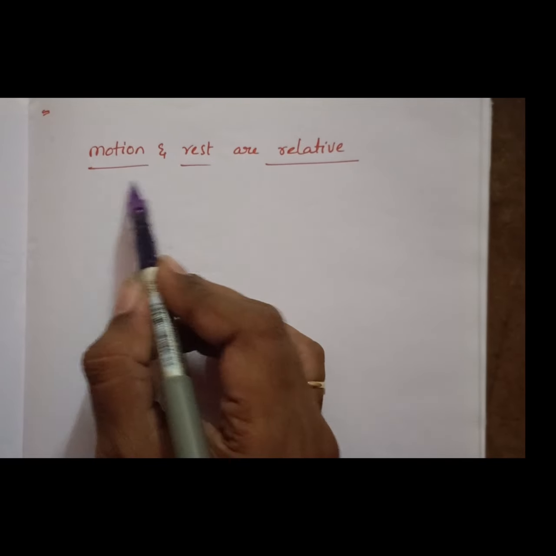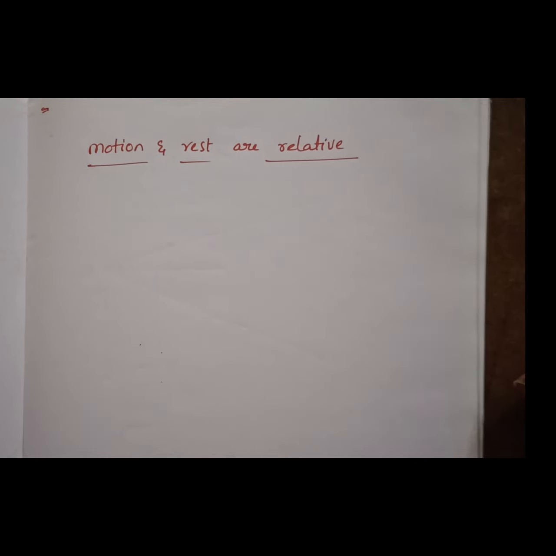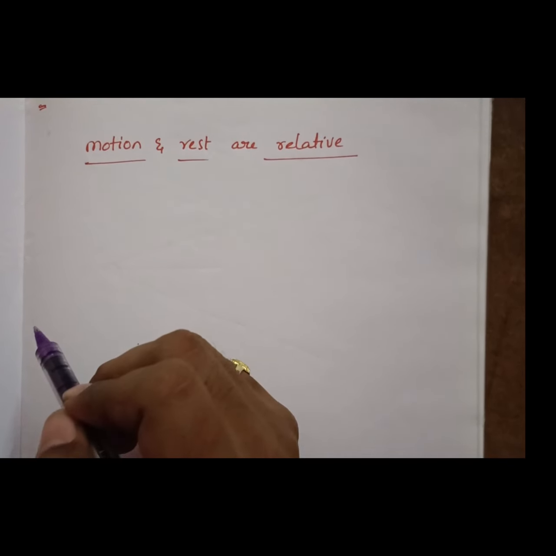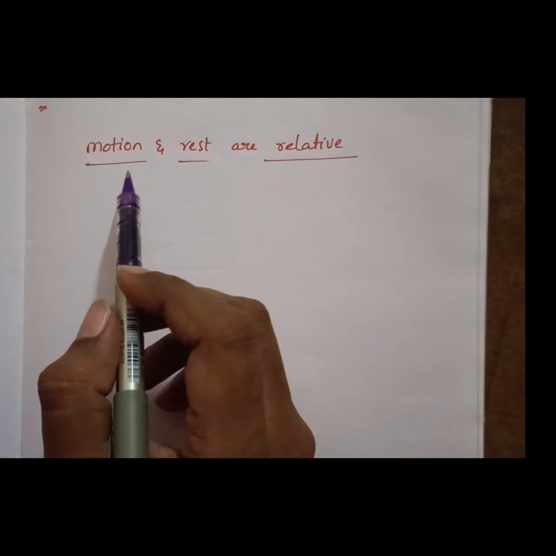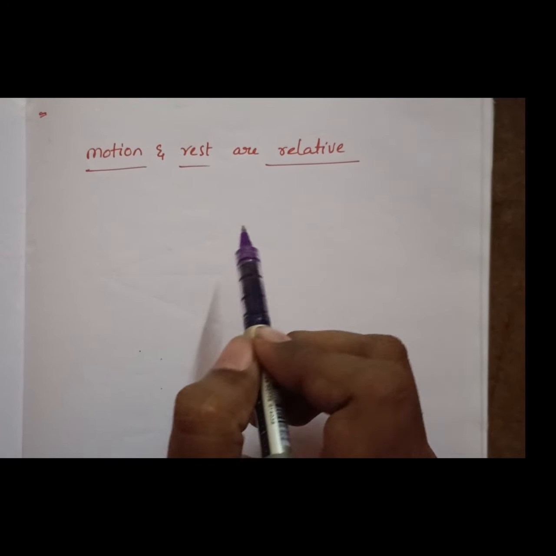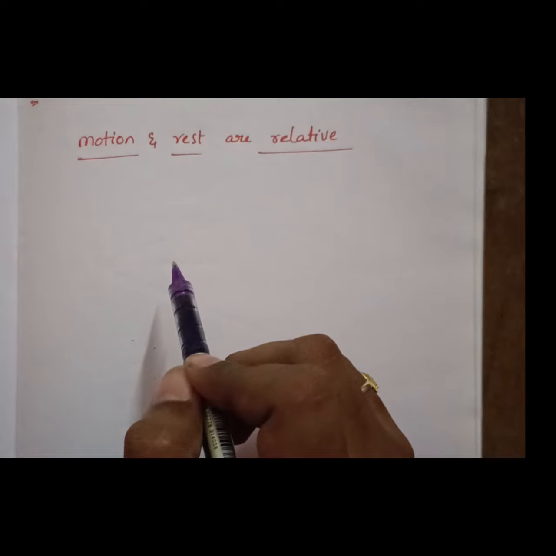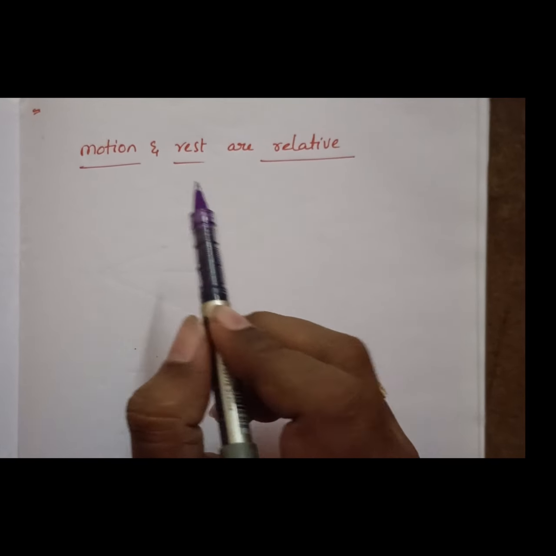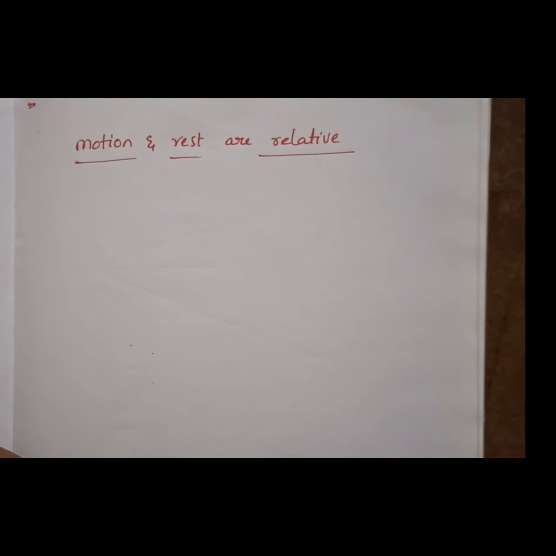Next, motion and rest are relative terms. They are not absolute terms. We can't say the object is absolutely in motion or absolutely at rest. With respect to particular surroundings, the object is in motion.